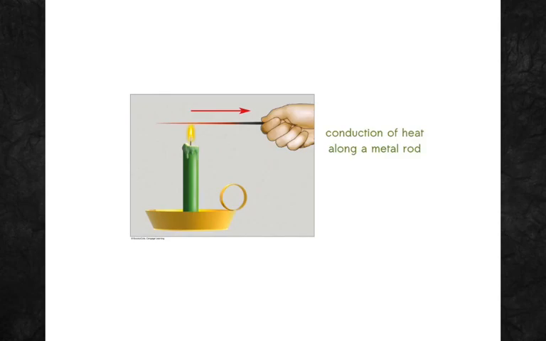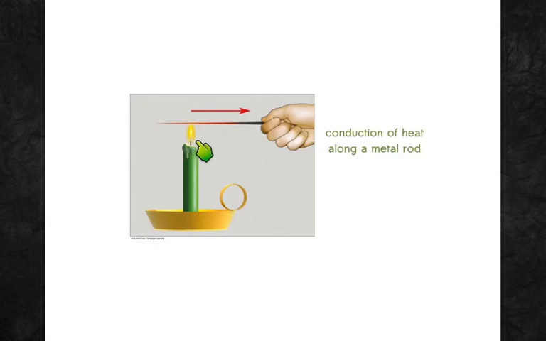And what can happen is that those molecules end up bouncing and colliding into the molecules next to them, which makes them bounce around a little faster. And they collide with the molecules next to them, which makes them bounce around a little faster, and so forth and so on. You end up transferring thermal energy through the object just by the molecules bouncing around and colliding with the molecules next to them.